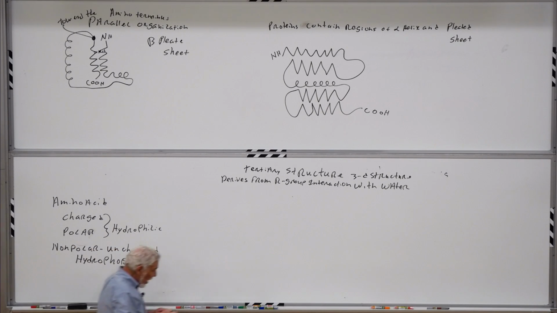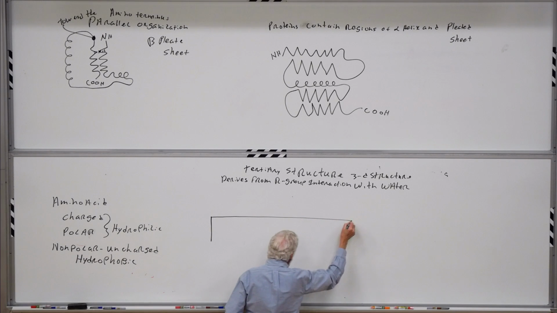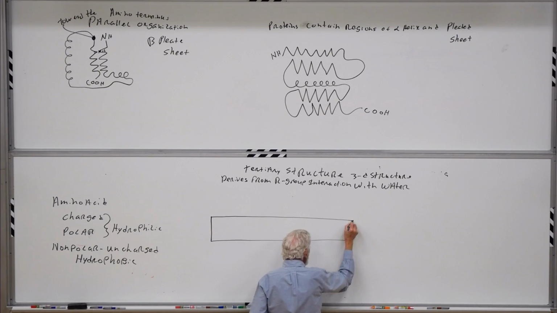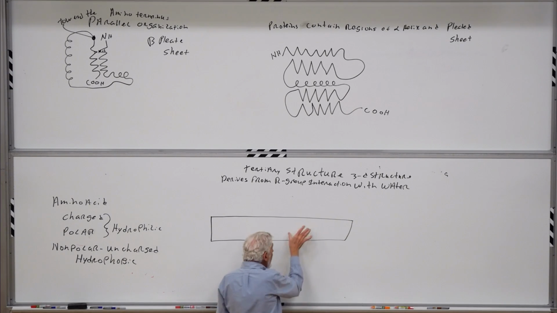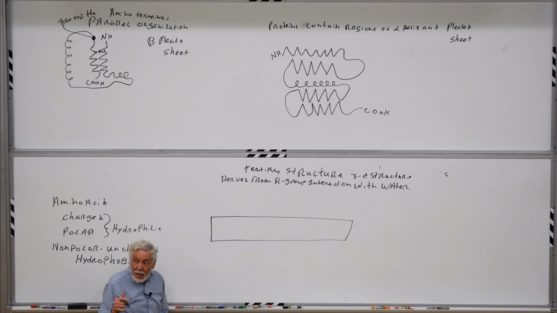So let's now take a simplified view of this. Now I'm going to draw this as a kind of box. That's simply intended to describe the backbone of the protein. But that protein is made of amino acids, and each of those amino acids has an R group.